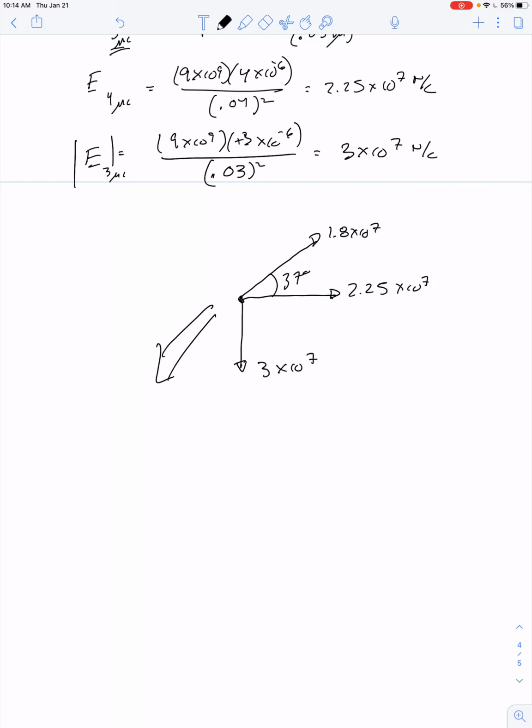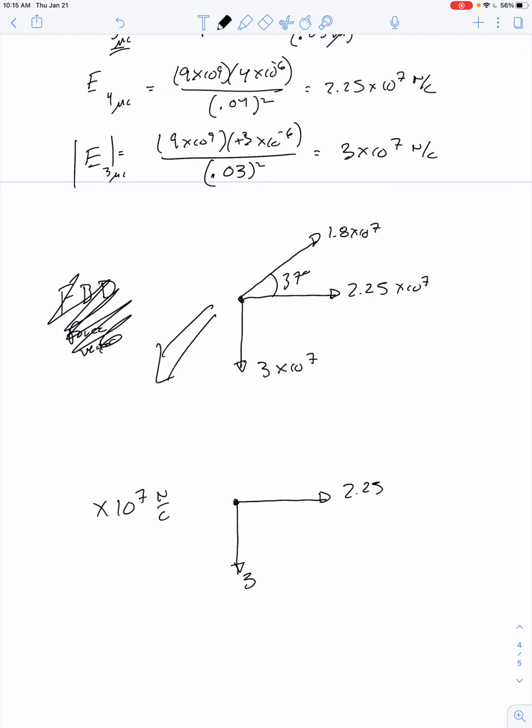This isn't technically a free body diagram because free body diagrams are only for force vectors. So it's a vector diagram, but not a free body diagram. It's an electric field vector diagram. We resolve it. We can leave these alone, call this 2.25 and 3. We know in the end we're going to multiply everything times 10 to the 7th newtons per coulomb.